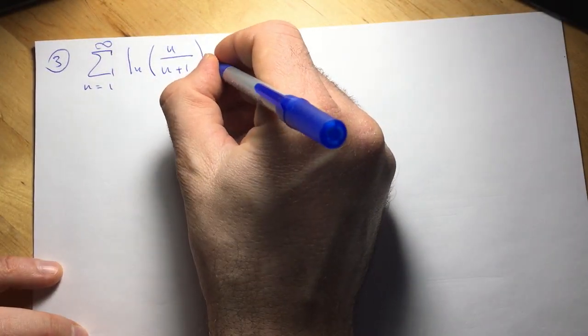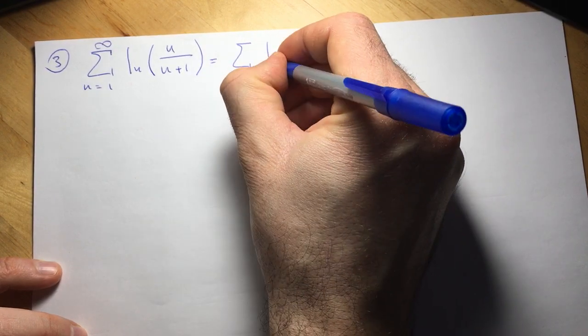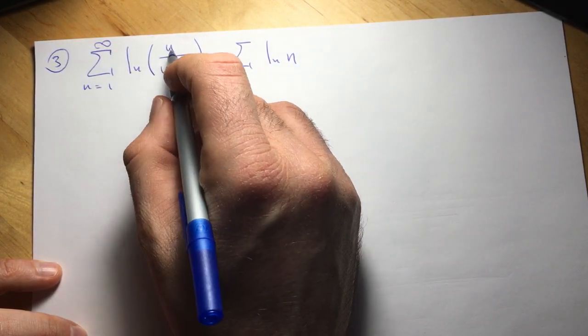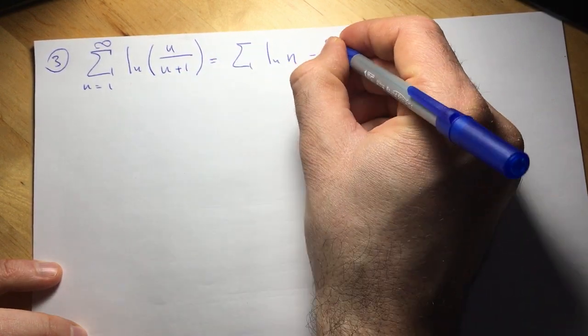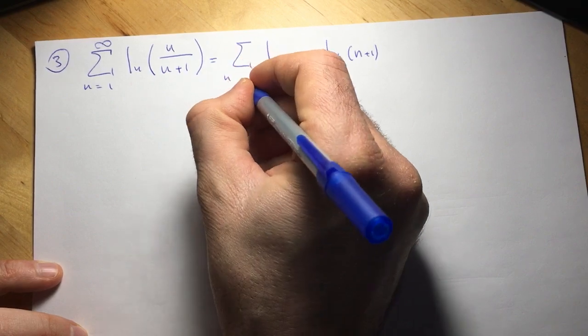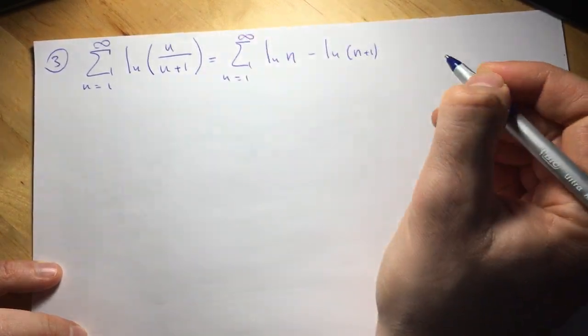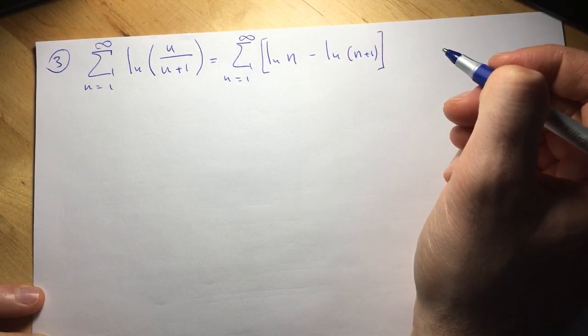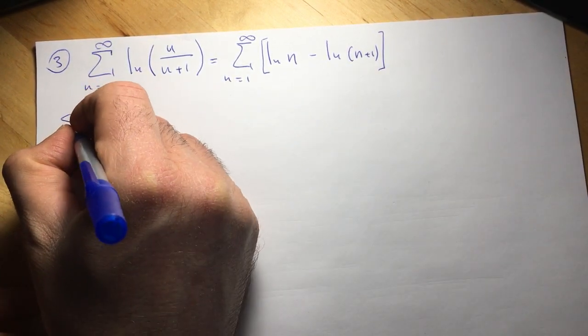Okay, next one, we have done this problem. Properties of logarithmic function: ln of a over b is ln of a minus ln of b. And now I'm going to treat this as a telescoping series. And the telescoping series said what?